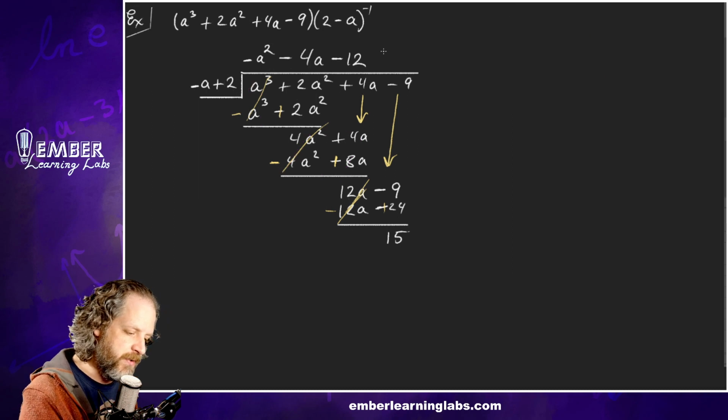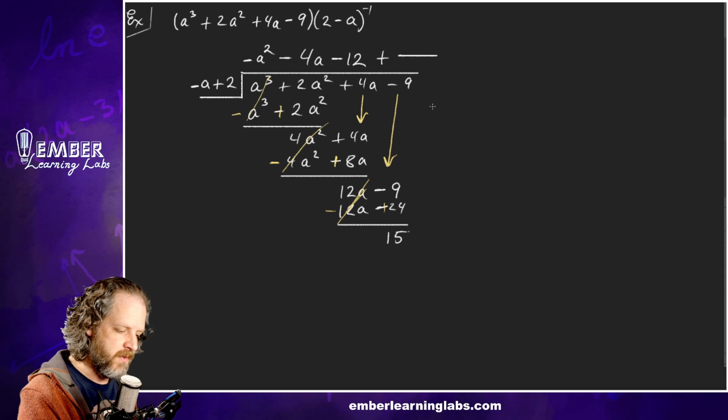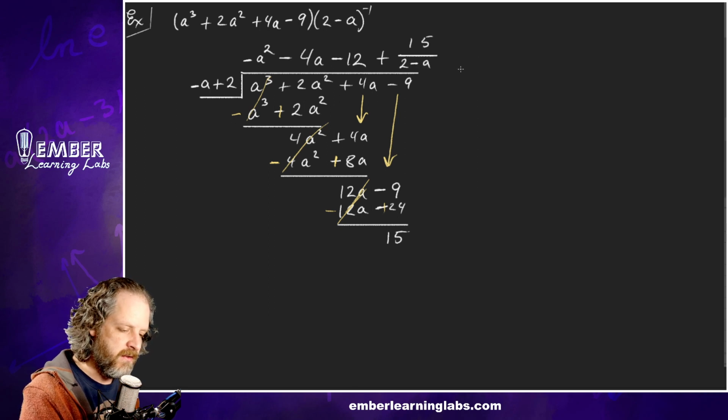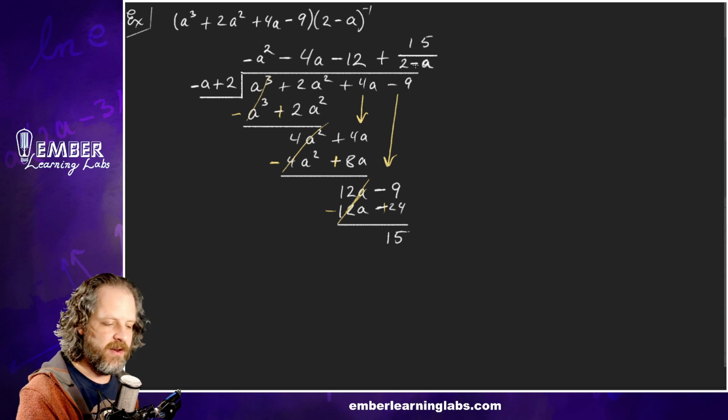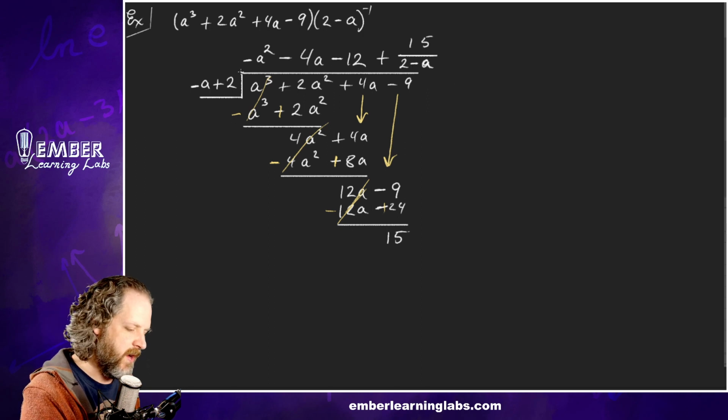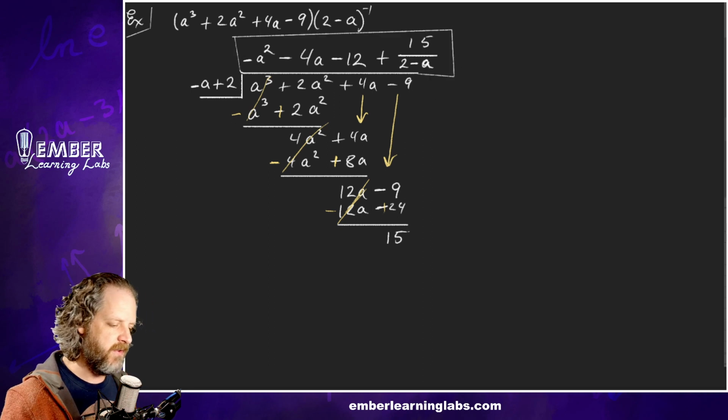So it's going to be plus a fraction. In the numerator, it's going to be 15. And because it's going to look prettier, I'm going to put 2 minus a right there. That's the same as this, just rewritten with the negative in the middle. You could do that either way, right? And that's it for that one.